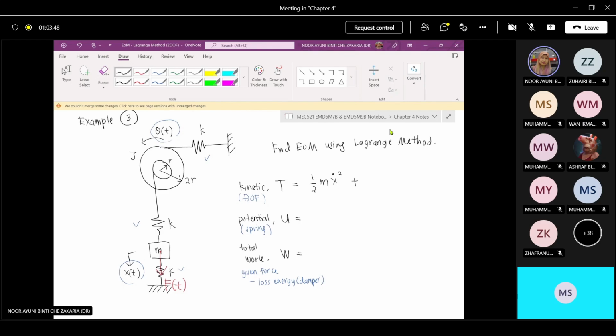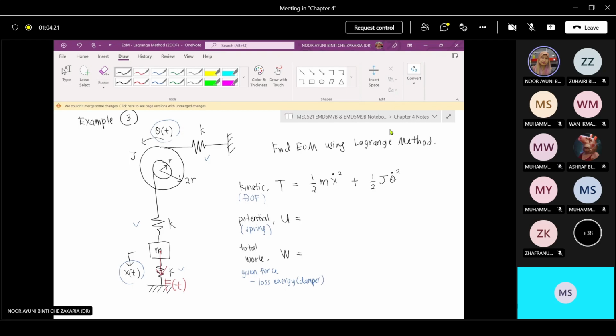So total up all the kinetic energy. So another one is just identify what are the movements involved in the system. So another one is rotation. Rotation doesn't use M, we use I or J, moment of inertia. So angular velocity. Anything else? If not, then that is the element that you have in the kinetic energy for this particular system.